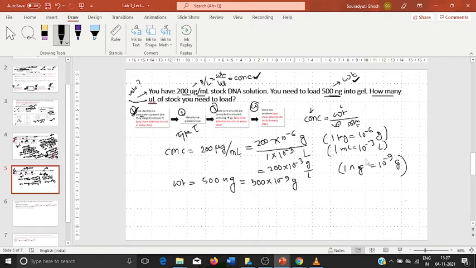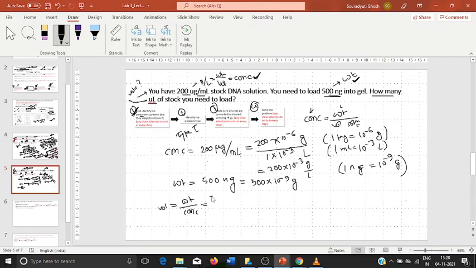Both of them have been converted to simplest units. Now you need to find the volume. If you reconfigure this equation, volume is weight by concentration. Let's now feed the numbers here.